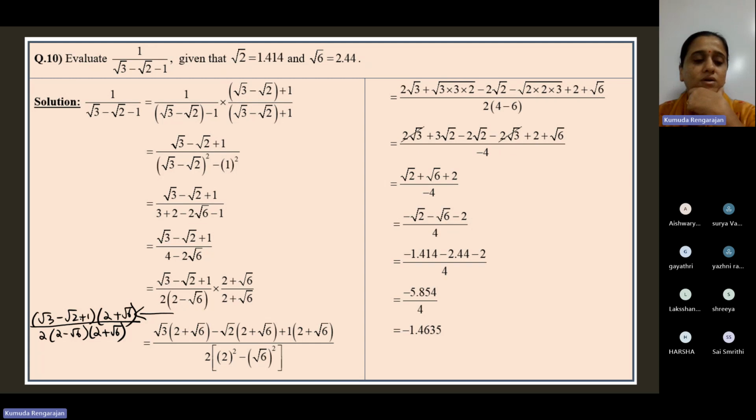So how do you now proceed? Multiply every term in the first bracket with the second bracket. So it will be root 3 into 2 plus root 6, minus root 2 into 2 plus root 6, plus 1 into 2 plus root 6. And here this is A minus B into A plus B, so again A squared minus B squared.